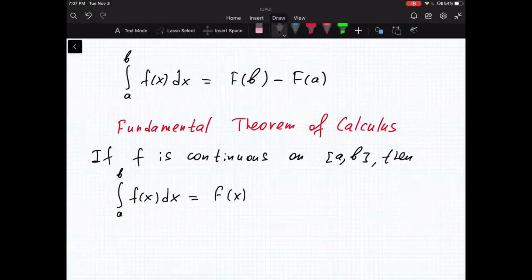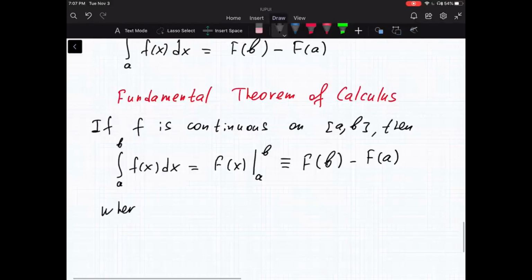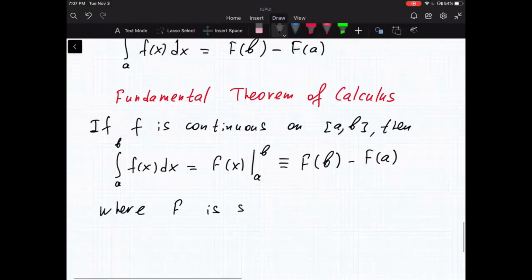It's F of x substituted from a to b, which is just the difference of values: capital F at point b minus capital F at point a, where capital F is such that F prime is equal to f on the interval [a, b].